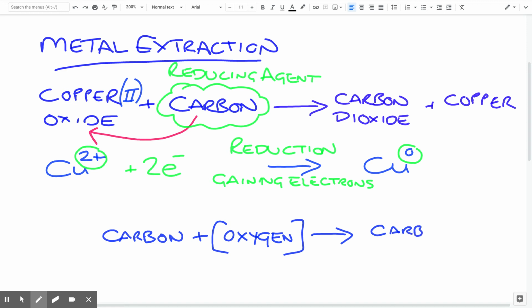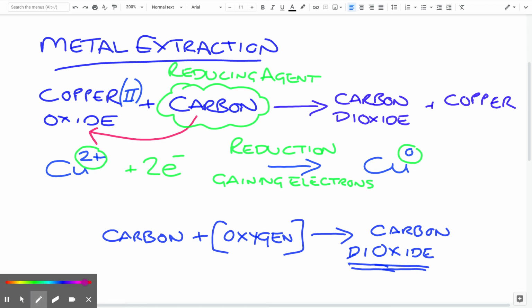But the key principle there is that it is undergoing the process of having oxygen added to the molecule, or creating a molecule with oxygen in it. And obviously for our situation here, we're going to be producing carbon dioxide, CO2.